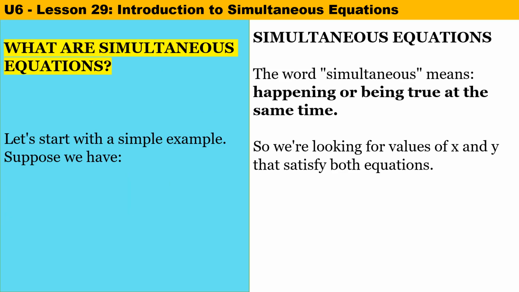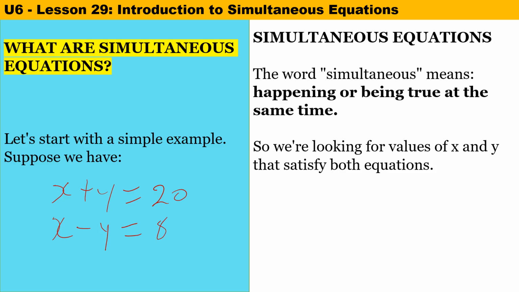So for those who are not familiar with simultaneous equation, this long word, simultaneous equation, sounds nothing like maths, right? But let's start with a simple example. So suppose we have x plus y equal 20, x minus y equal, let's say, 2, for example.